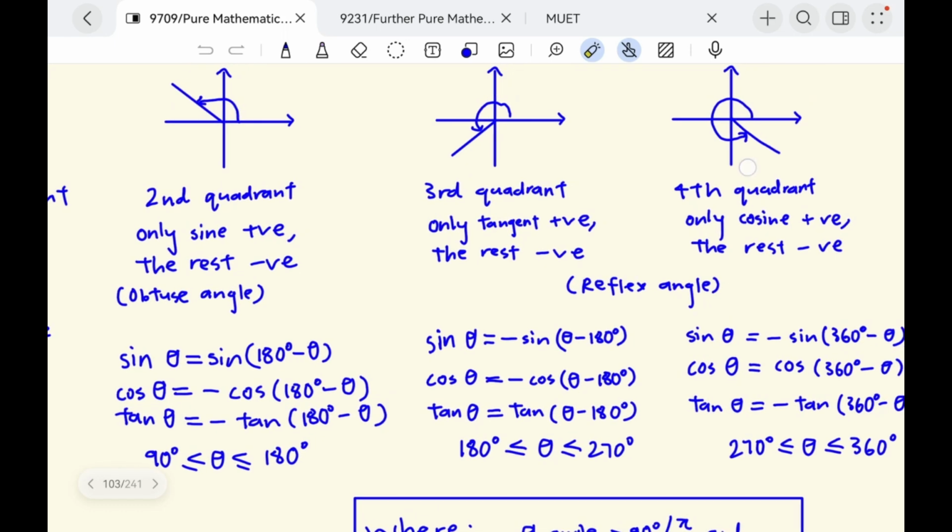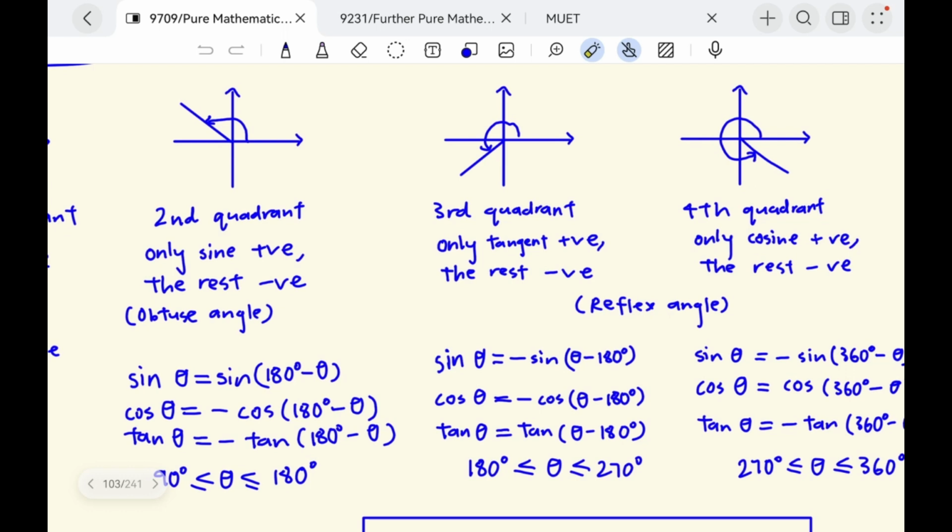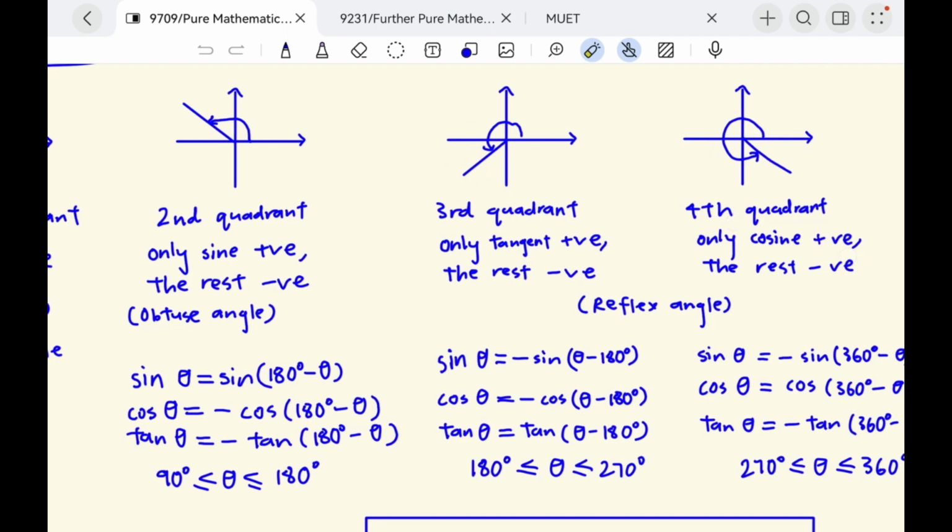Next, let's take a look at the third quadrant. The third quadrant is only positive for the tangent, because both x and y directions are negative. Following the definition of the tangent, the negatives in both numerator and denominator cancel out to get positive, and the rest must be negative because sine is negative and cosine is also negative.